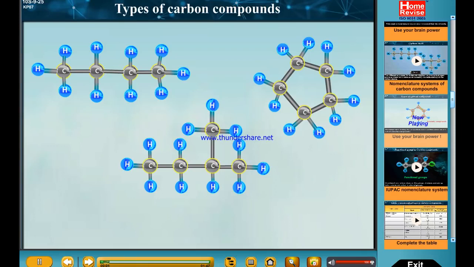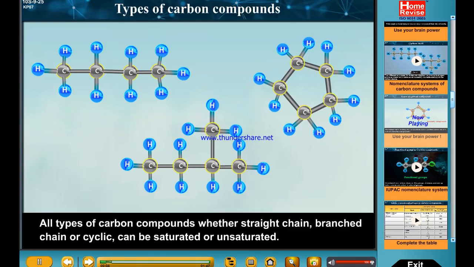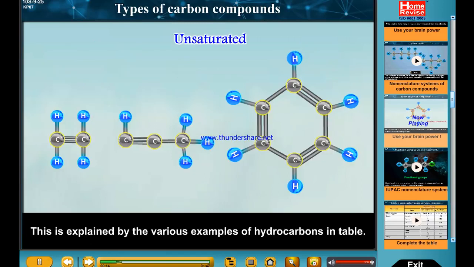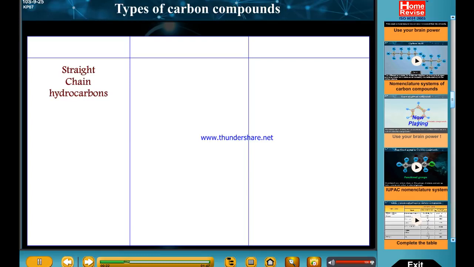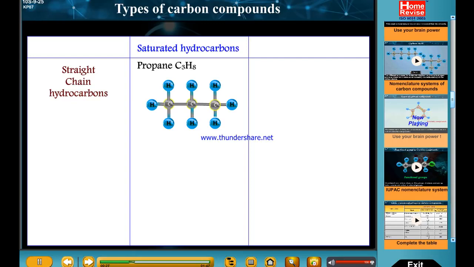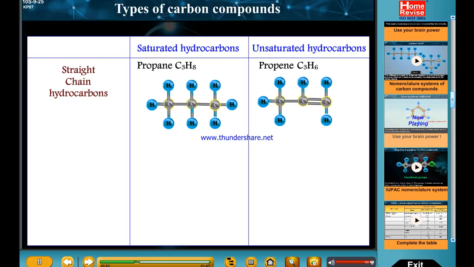Types of carbon compounds. All types of carbon compounds, whether straight chain, branched chain, or cyclic, can be saturated or unsaturated. This is explained by the various examples of hydrocarbons in the table. In straight chain hydrocarbons, saturated hydrocarbon is propane, C3H8, and unsaturated hydrocarbons are propene, C3H6, and propyne, C3H4.